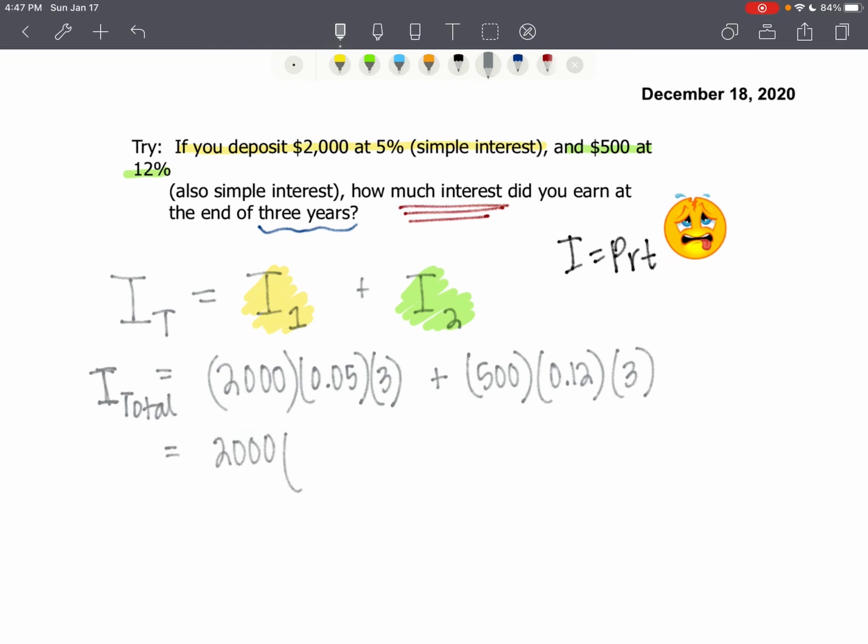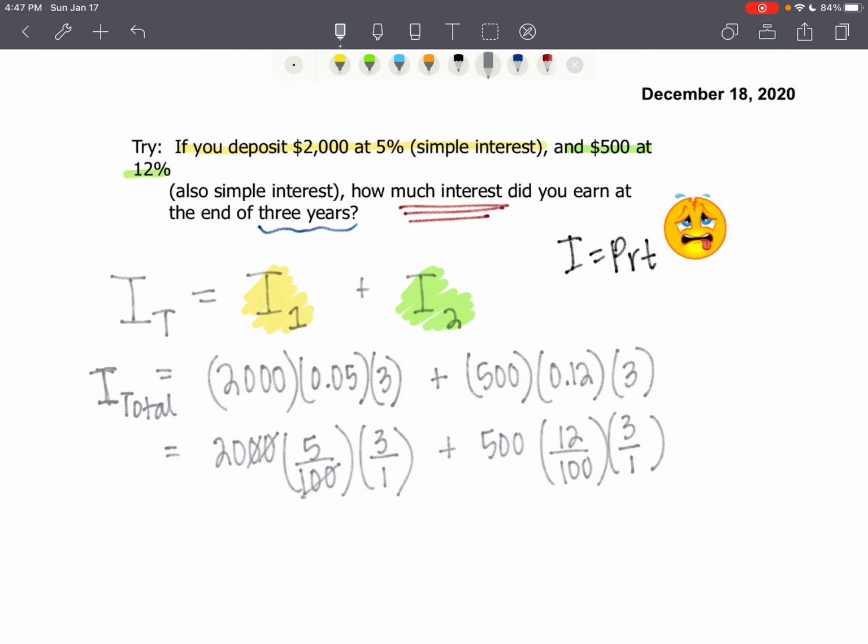So 2,000 times 5 over 100 times 3 over 1 plus 500 times 12 over 100 times 3 over 1.